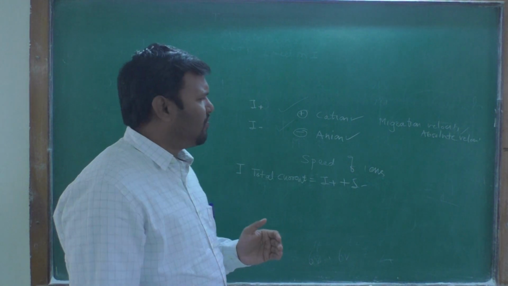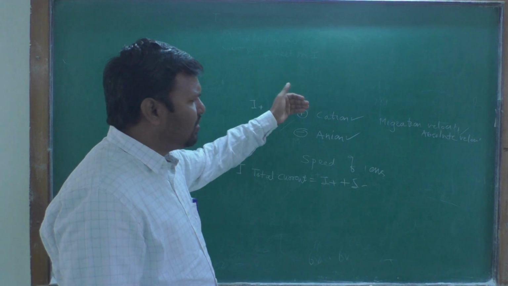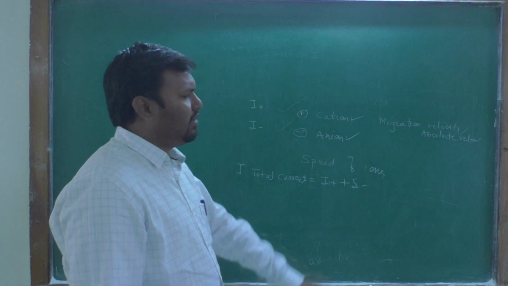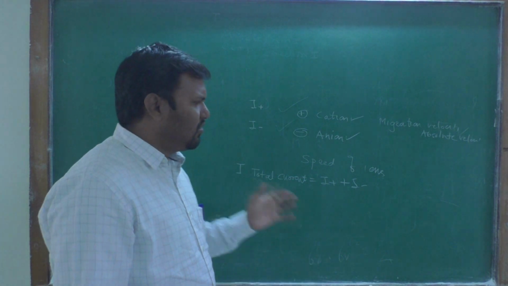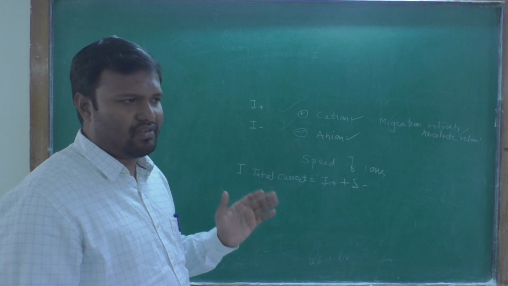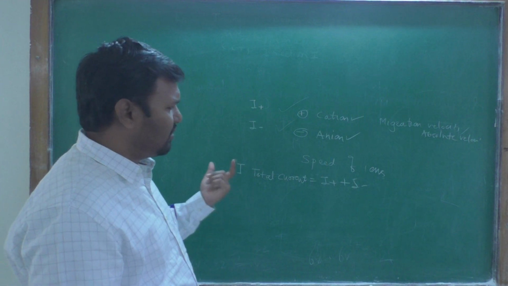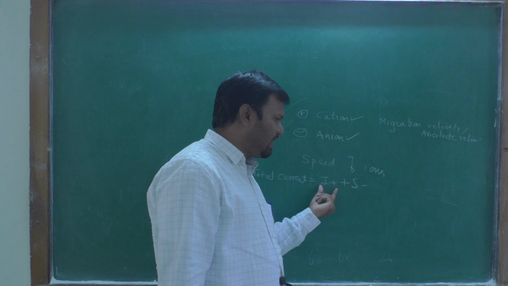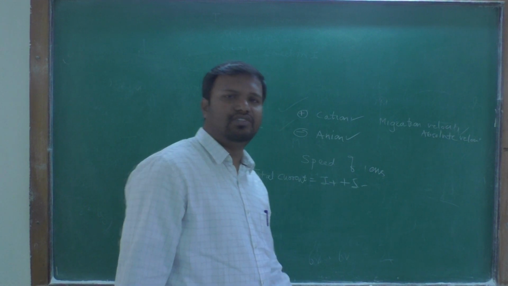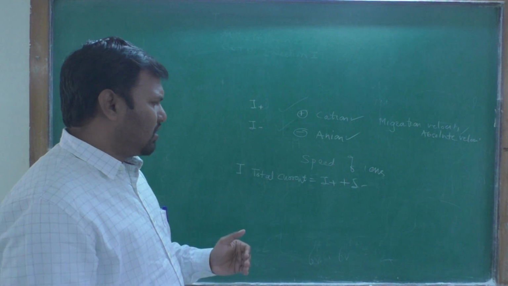If the speed of the cation is higher, the current given by the cation is higher. If the speed of the anion is higher, then the current given by the anion will be higher. Therefore the total current is the current due to the cation plus the current due to the anion.